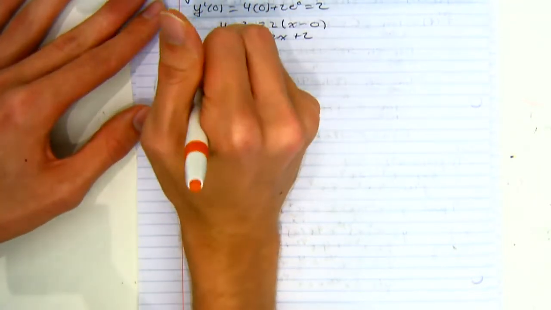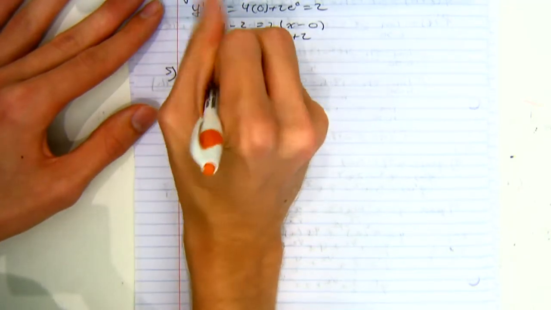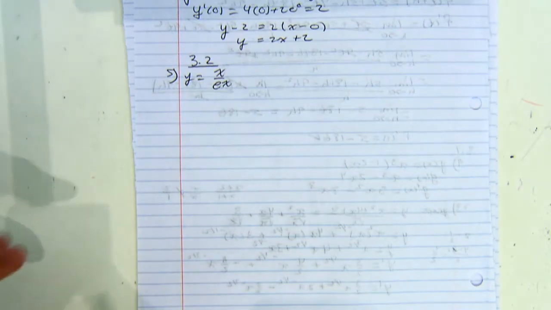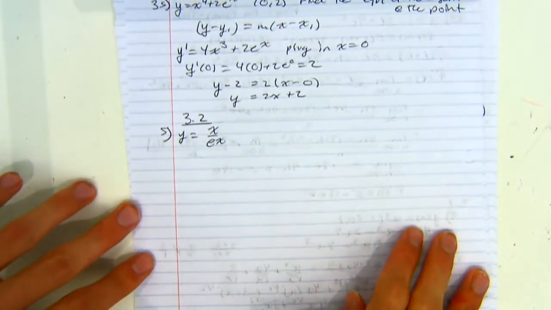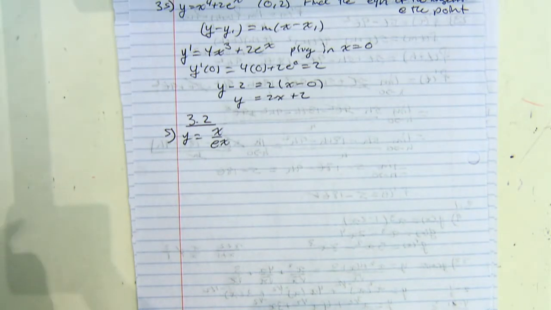So, getting into more complicated derivatives, slightly. Using the quotient rule here is fine, but I would never use it because I hate quotient rule.